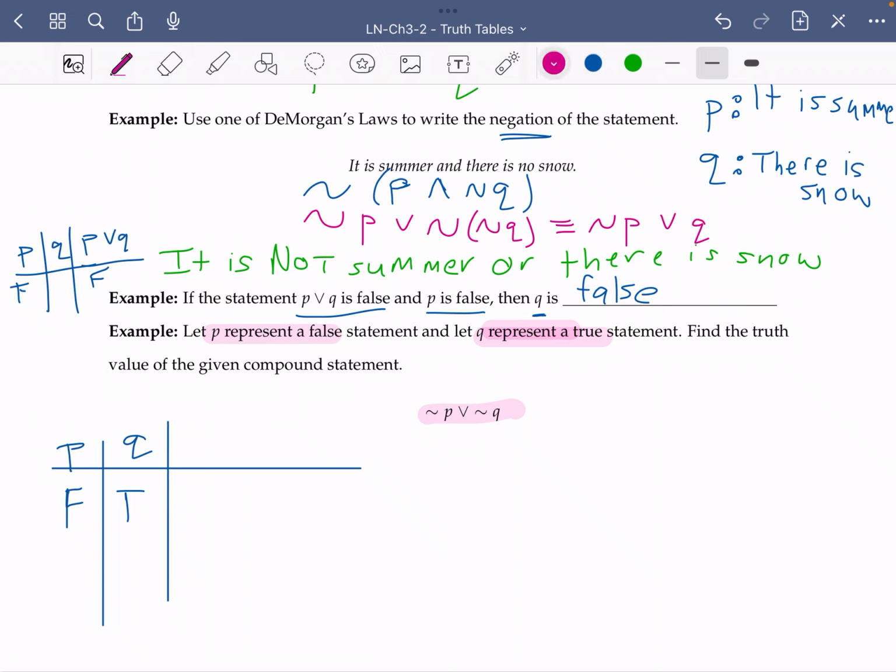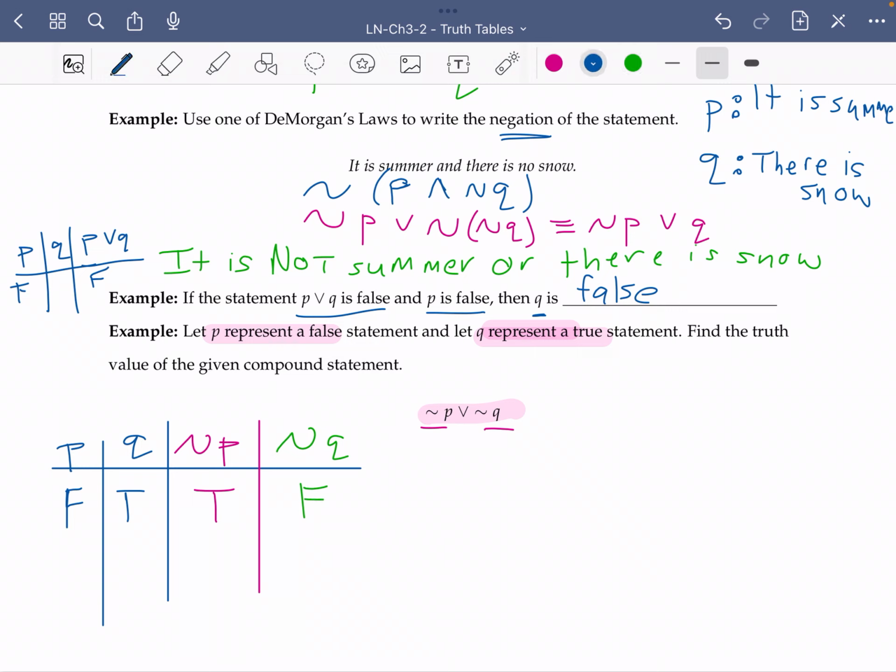We're going to see what we can say about not P or not Q. So we need to find the value of not P. Not P is going to be the opposite of false, so it's going to be true. We need to find the value of not Q, which is the opposite of true, so it is going to be false.